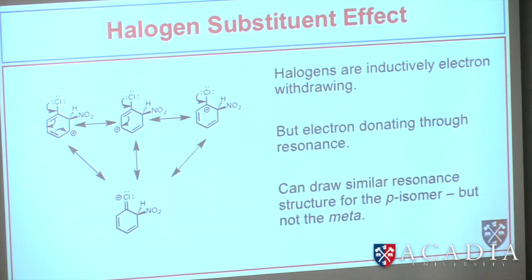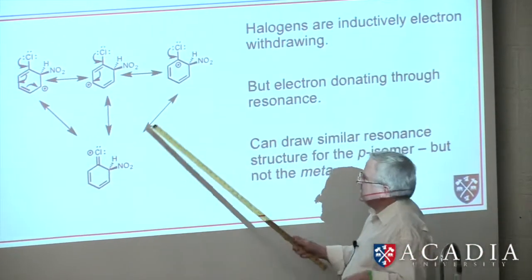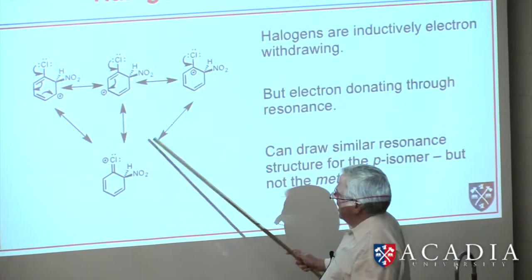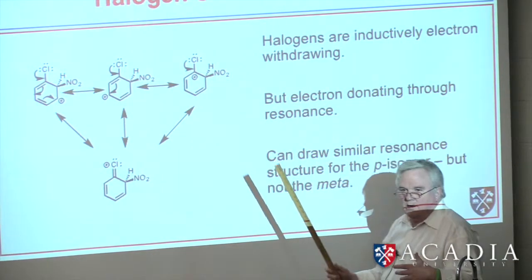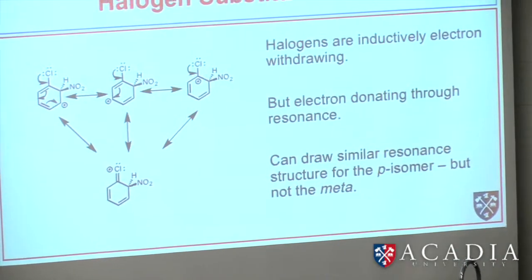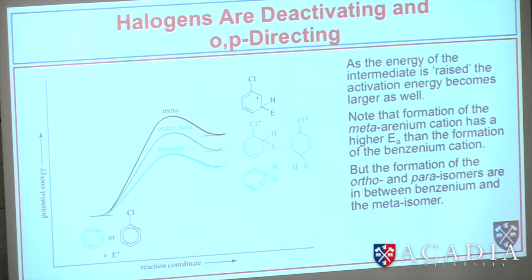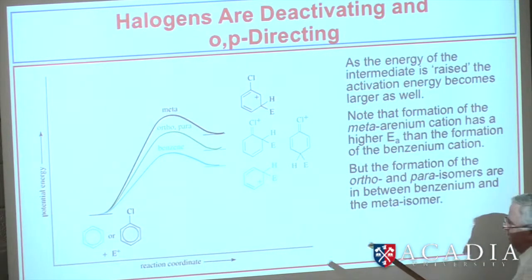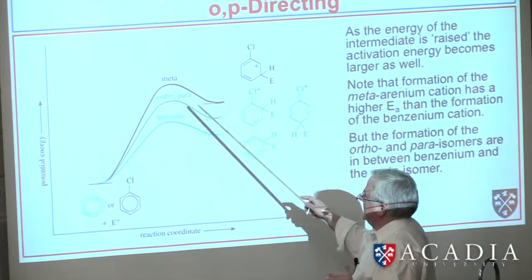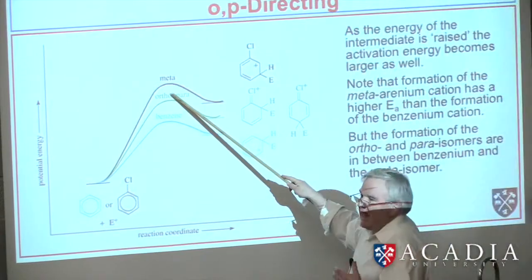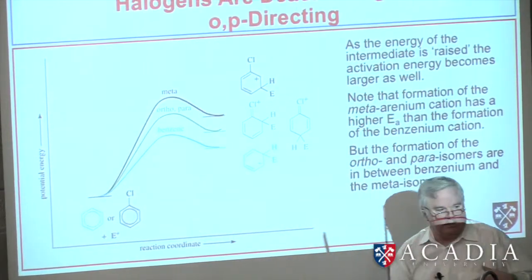So we can draw similar resonance structures for the para isomer but not the meta, so we can stabilize these intermediates in the ortho and para direction. If we think about this in terms of the transition states, although chlorine is deactivating, it deactivates the ortho and para pathways less than it deactivates the pathway for the meta position.